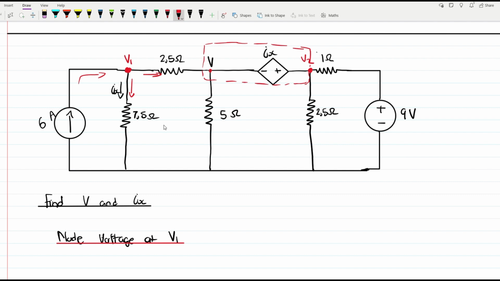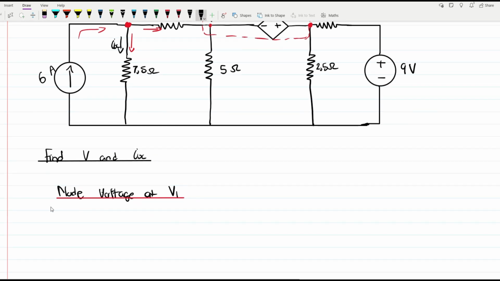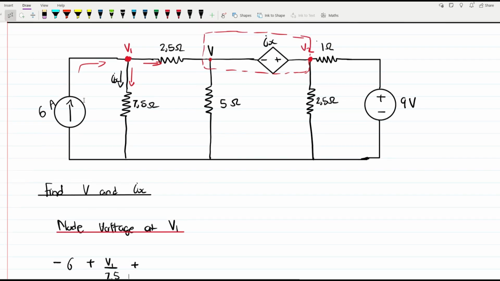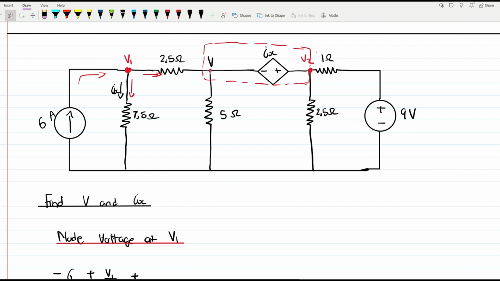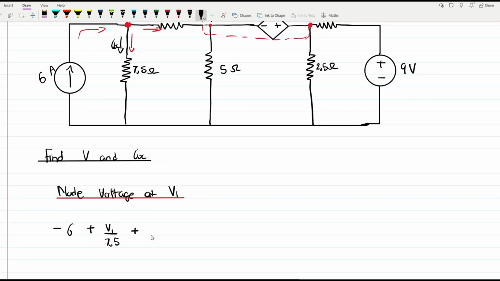So we're going to say the incoming current, so we're going to have minus 6 amperes, and then the outgoing current, plus V1 divided by 7.5, and then we have another outgoing current, so we're going to have plus V1 minus V divided by 2.5, and all of that is equal to 0.